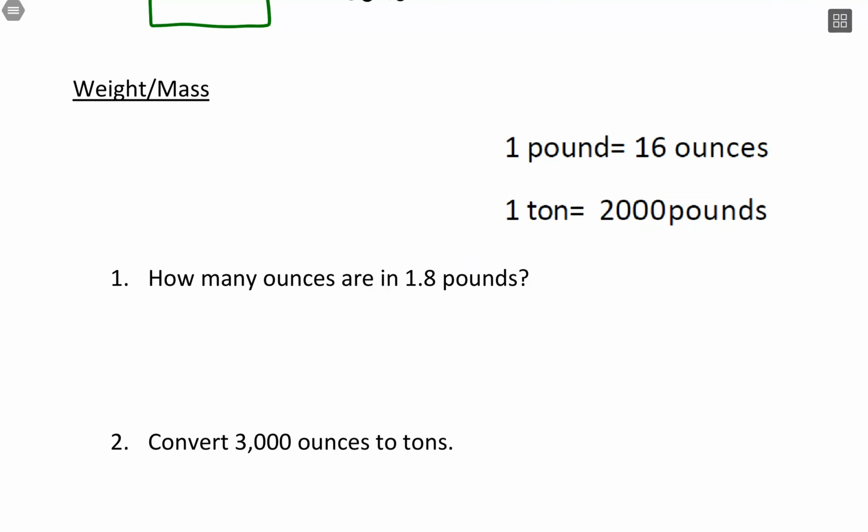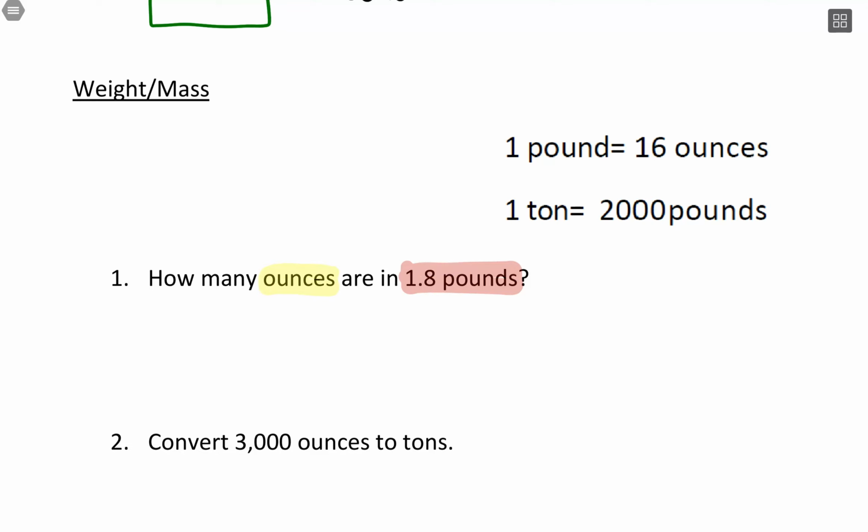All right, weight and mass. So weight and mass with the US system is going to work in tons, pounds, and ounces. So we have these 2 equivalents that we can work with here. So this first one is we have 1.8 pounds and we want to convert that to ounces.